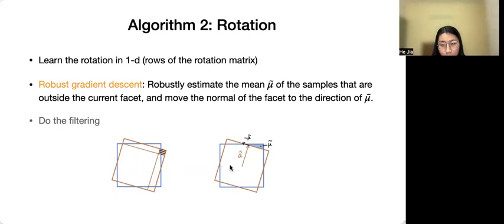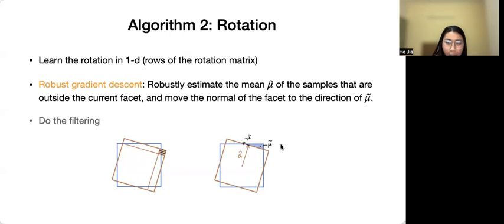Because our cube has some error, we can see this blue triangle here. Those are the points outside our cube, but they should be true points in the true cube. We robustly compute the mean of this blue triangle, and we move our height A towards the opposite of this robust mean, mu tilde.